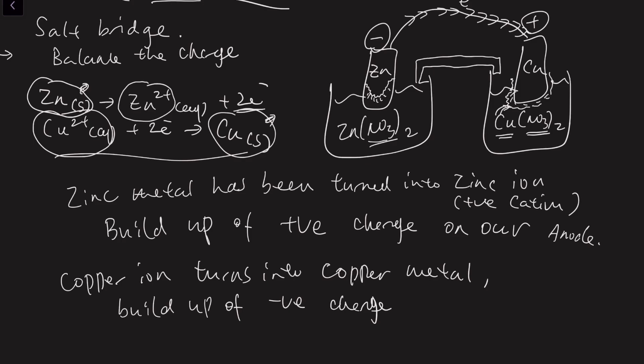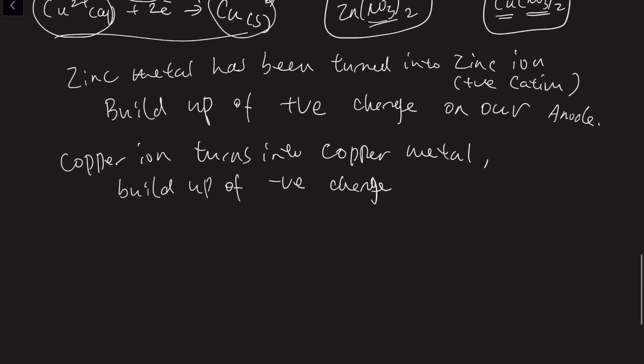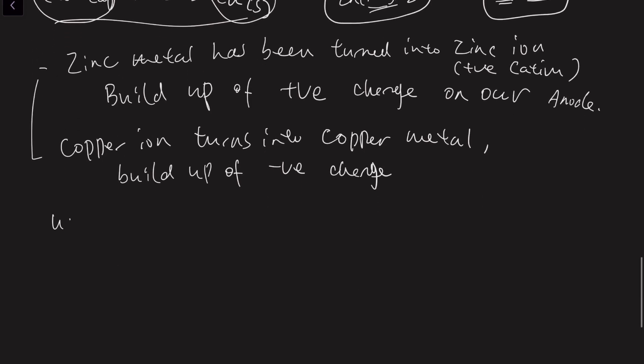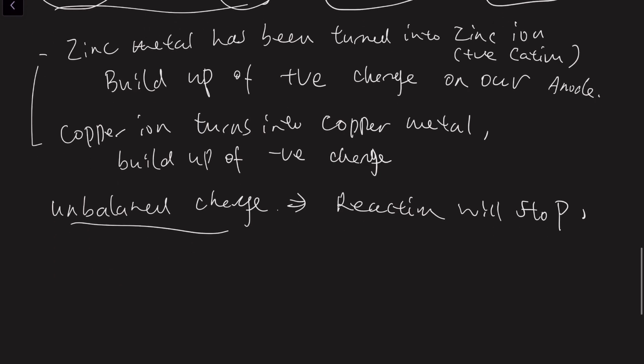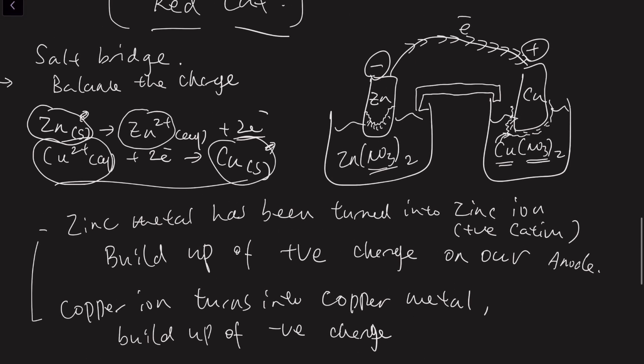So you have a lot of negative charge. So overall, you have unbalanced charge. And if this is the case, your reaction would stop very, very soon. And you have no electric current generated. So the whole reaction would stop.